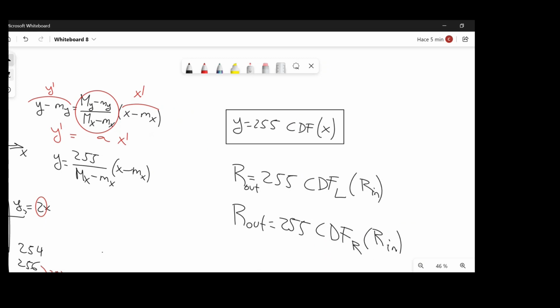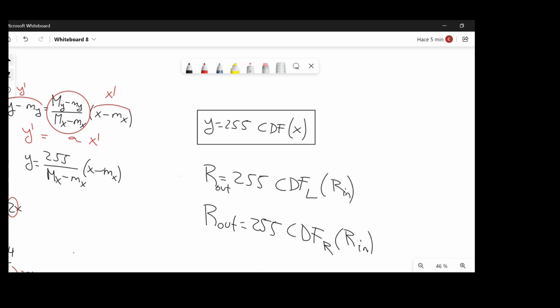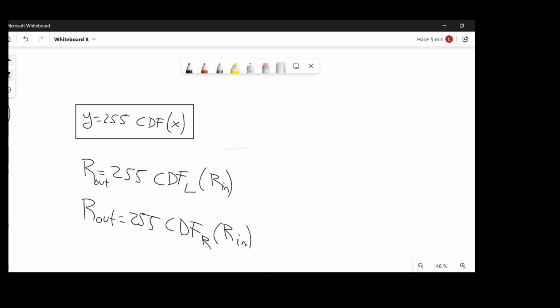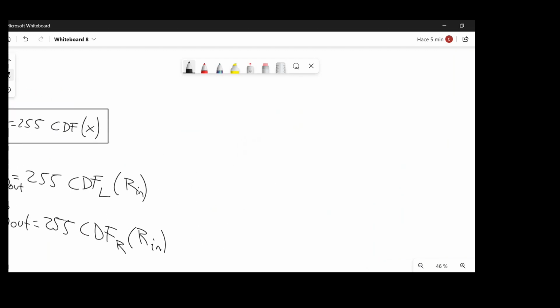So I want to find something that, given a gray value in the input image, gives me what is the gray value, not in J. Actually, this is not correct.